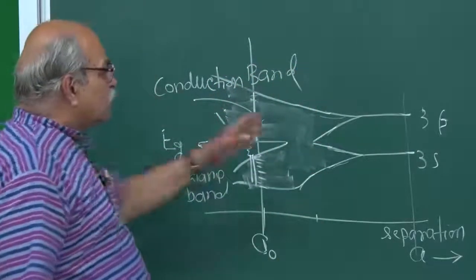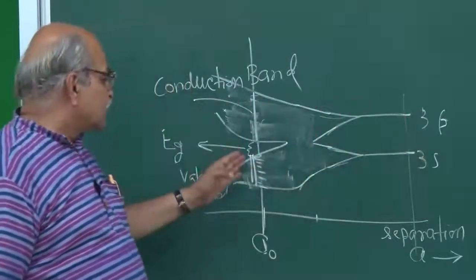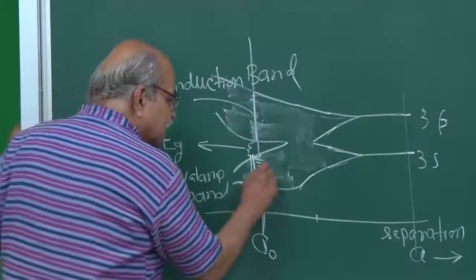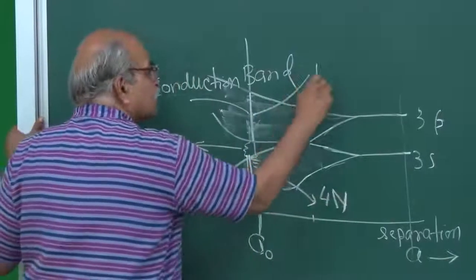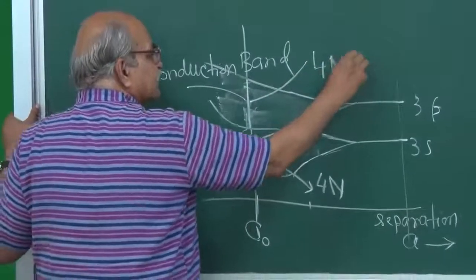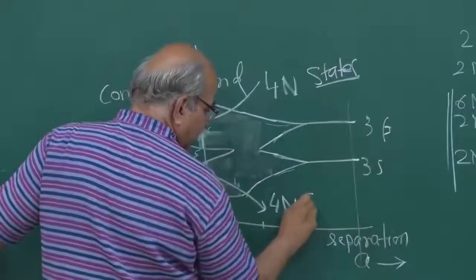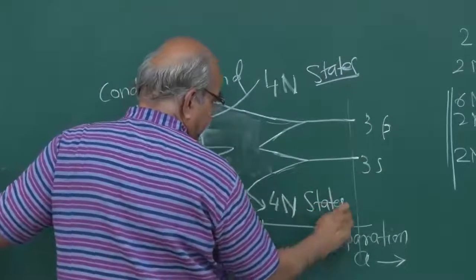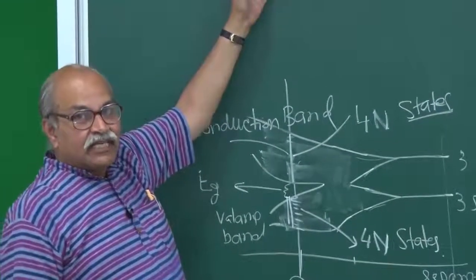And remember, the total is 8n states. In the valence band you have 4n states, and in the conduction band also you have 4n states. These are states, quantum states, not electrons. Electrons, you only have 4n electrons.